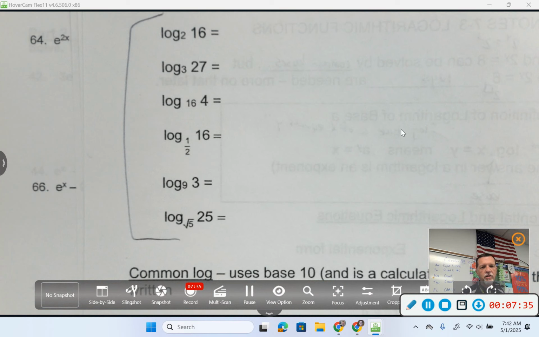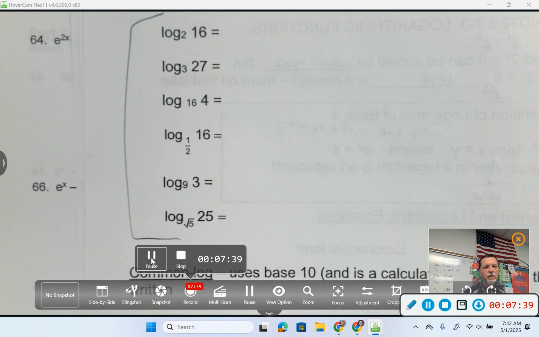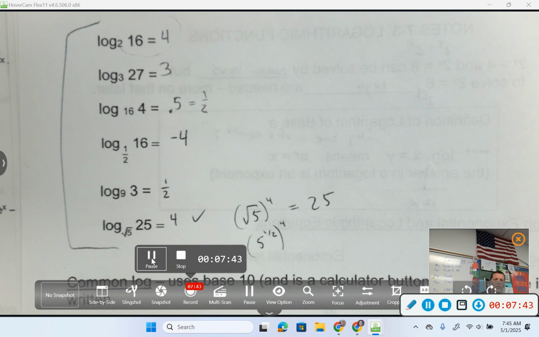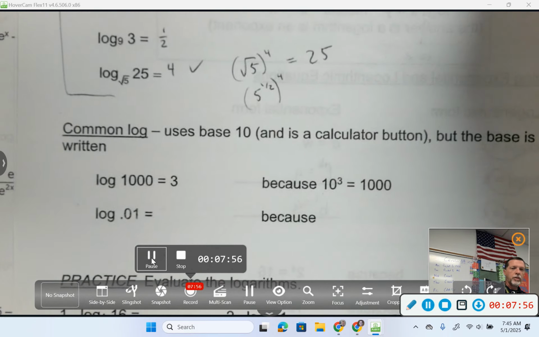I'll hit pause, you see if you can work through those. Some of those are kind of tricky, but again, you got to know your exponent rules really well so that you can use the exponent rules in reverse, basically. Logs and exponents are inverse functions. They undo each other. So you got to know exponents well so that you can go backwards with them.